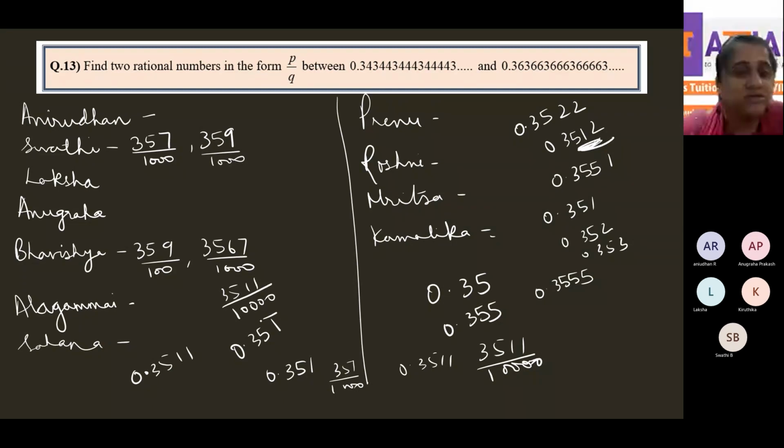Okay, now talking about Swati's answer 3. So this one is nothing but 0.357, correct? Swati is correct. Bhavishya's is 359 by 100. So this is 3.59.